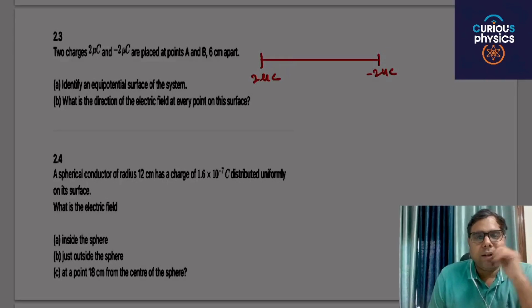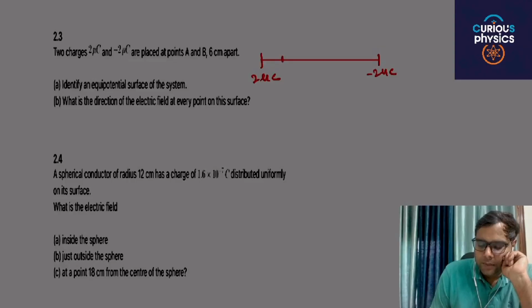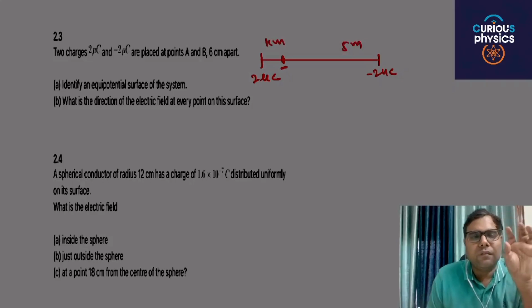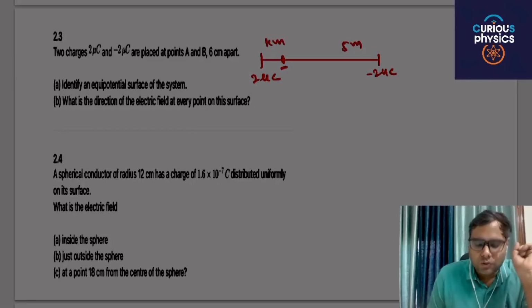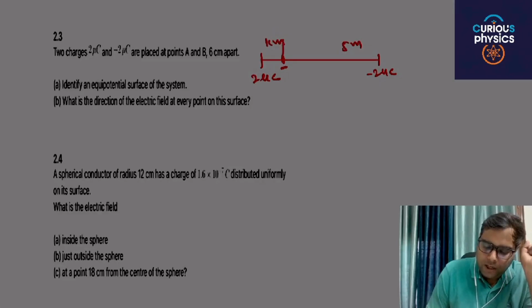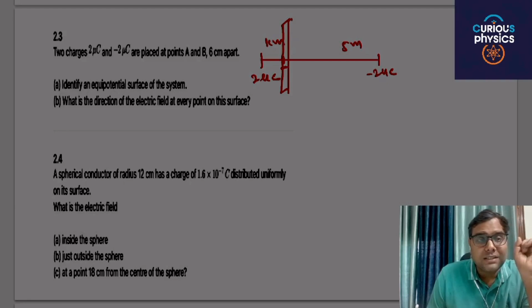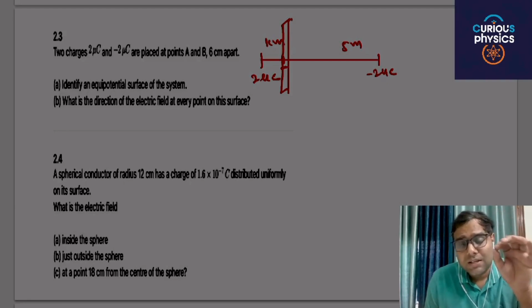At one point you will get one potential. For example, if you find the potential here at 1 centimeter, and this will be 5 centimeter, you will get one value of potential. So all the planes perpendicular to this line are the equipotential surfaces.